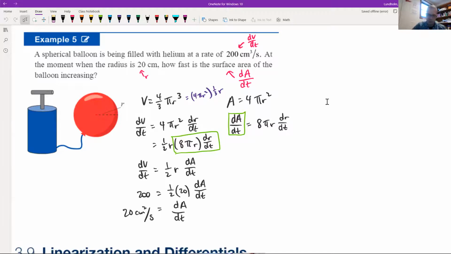So if I wanted to do this, I could say V is equal to 1/3 r times the surface area.